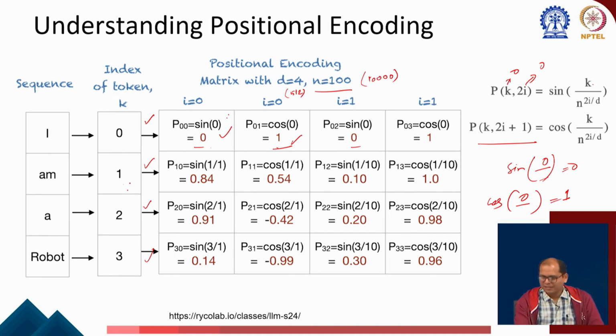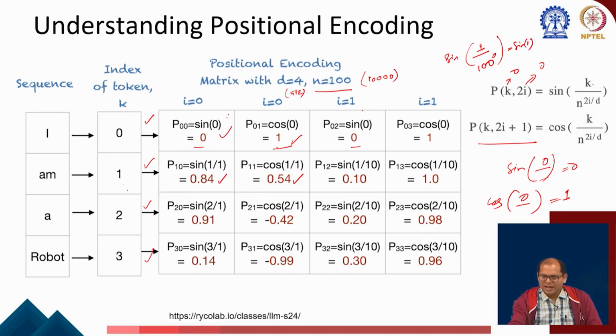Next, now k is equal to 1. So i is equal to 0, and I will take the sine of 1 divided by n to the power, where n is 100 to the power i is 0. So this is again 1. So sine of 1 becomes 0.84. Similarly, this will be cosine of 1.